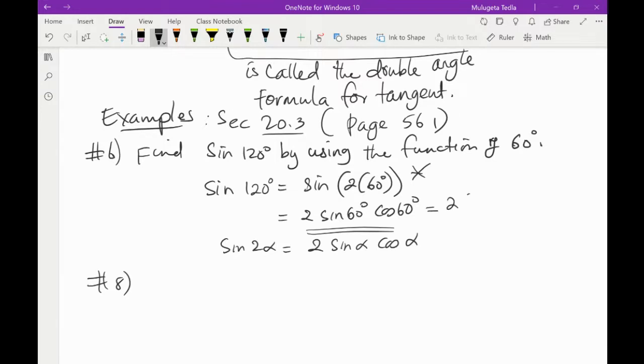Find means what? 2 times sine 60 is root 3 over 2 times cos 60 is 1/2. You could do it this way, I guess, because they say find. I didn't realize. So root 3 over 2 by calculator is 0.866, I guess. What is sine of 120? Yeah.